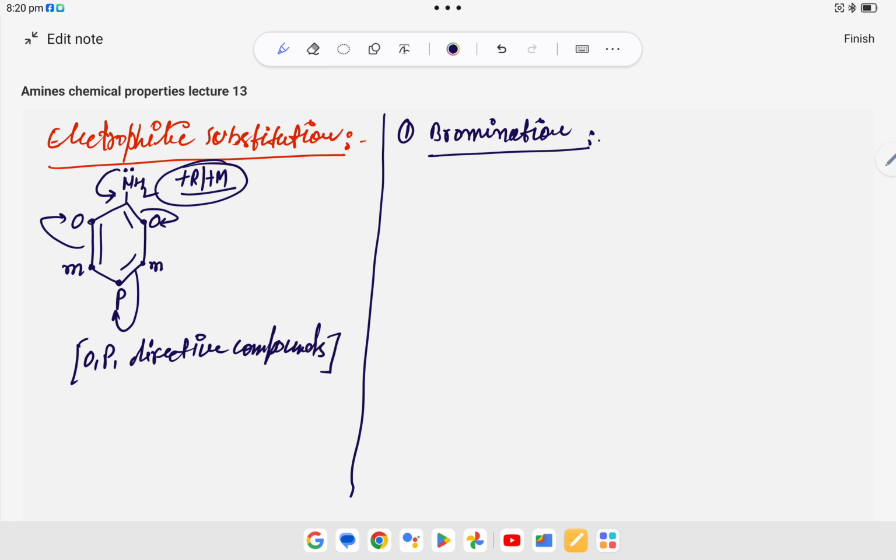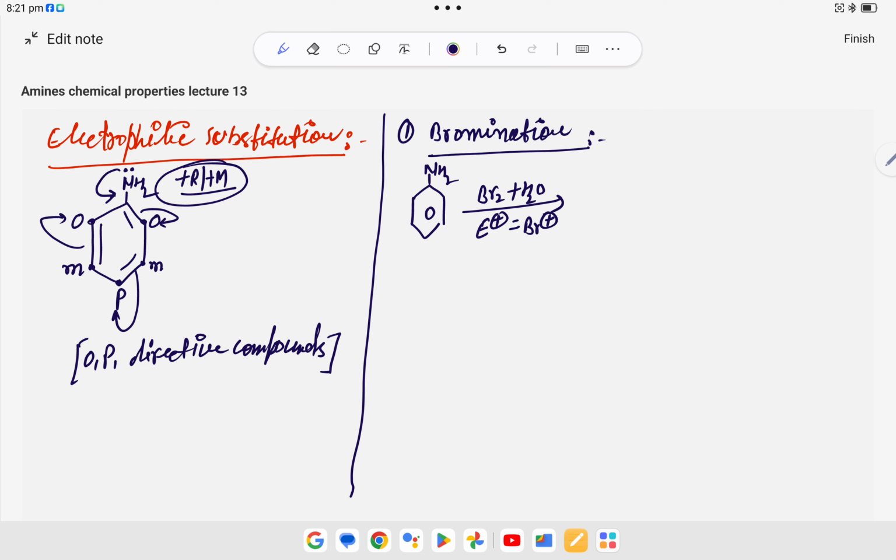In the case of bromination, children, here we have aniline, NH2, reacting with bromine water. So what is the electrophile? The electrophile is Br positive.